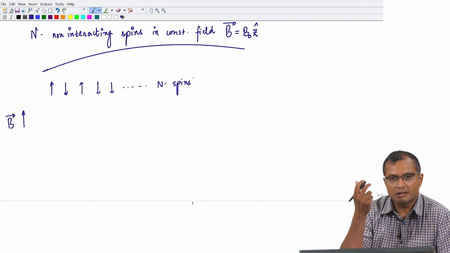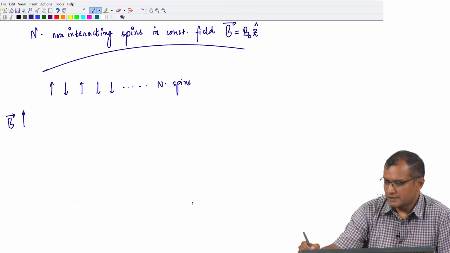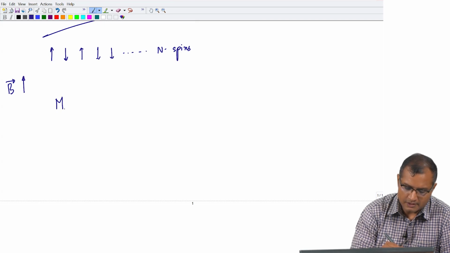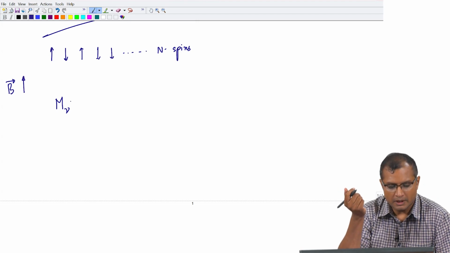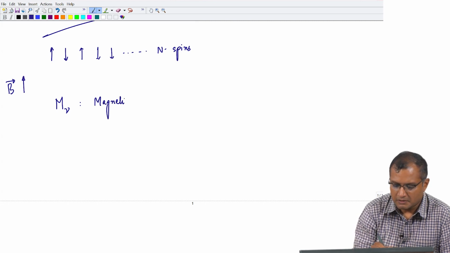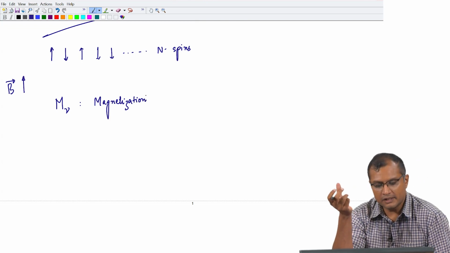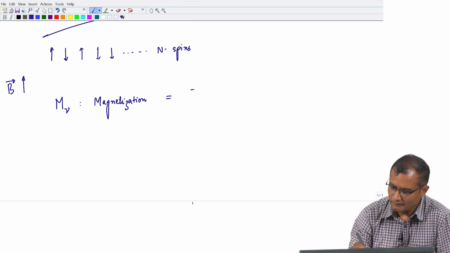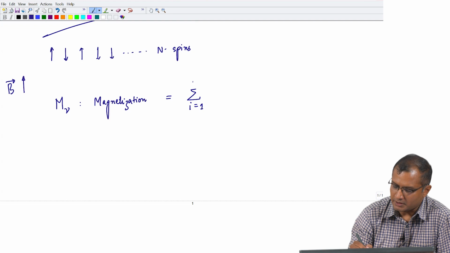for this system we can compute the magnetization of any given realization. Let us take a microstate nu, and if you want to write down the magnetization under constant temperature and constant field, this is nothing but just the summation over all these spins of the individual magnetic moment.